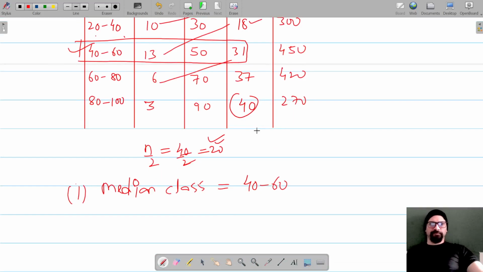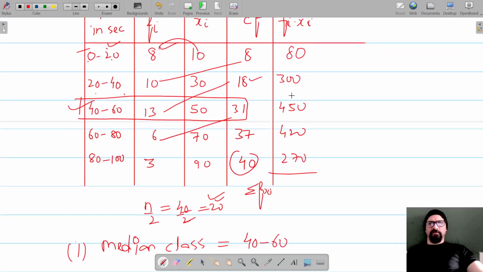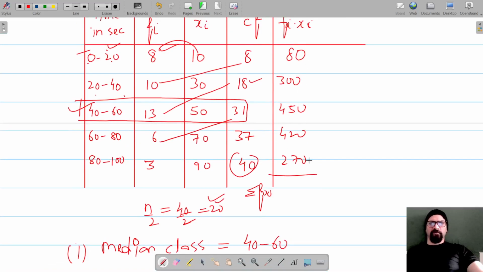And let's find out the total of this. This is the summation of fi into xi. So 80, 300, 650.